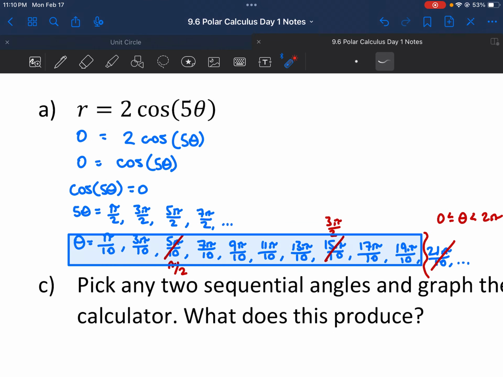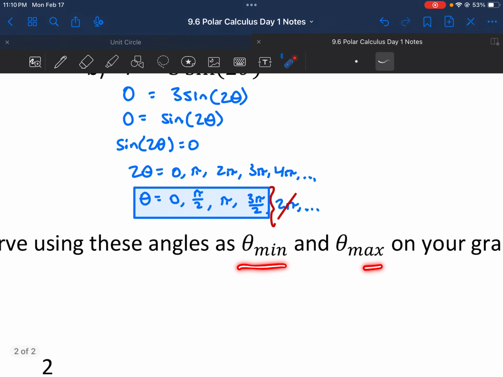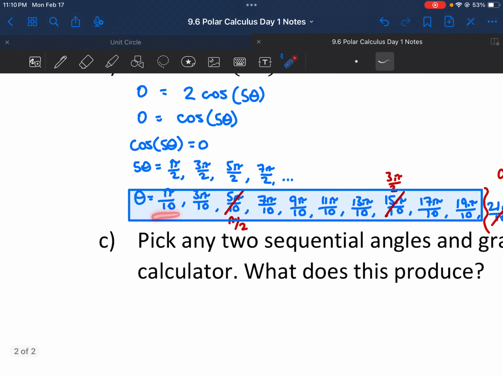It turns out, pick any 2 of these angles where r is equal to 0, that are next to each other, like pi over 10 and 3 pi over 10. Make the lower one your theta minimum and the bigger one your theta maximum, and when you graph, it'll only produce a single petal of the Rose curve.